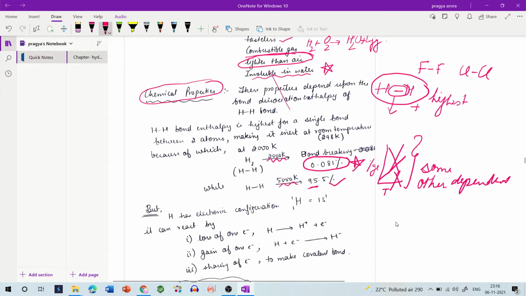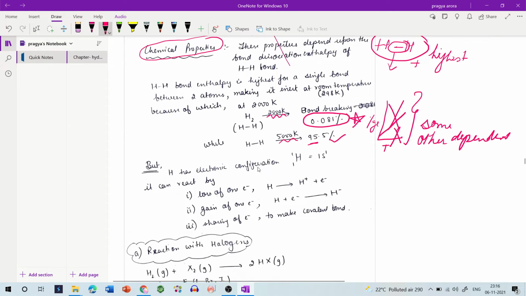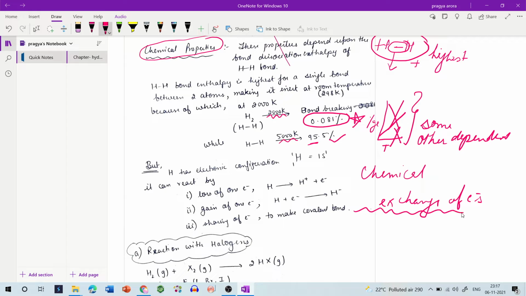So, since we are talking about the chemical properties, how does a chemical reaction happen? A chemical reaction happens when there is an exchange of electrons. So, how can a hydrogen molecule react? One hydrogen atom has an electronic configuration of 1s1.